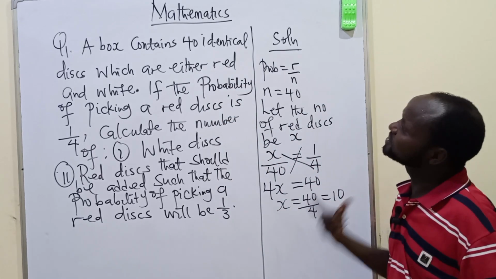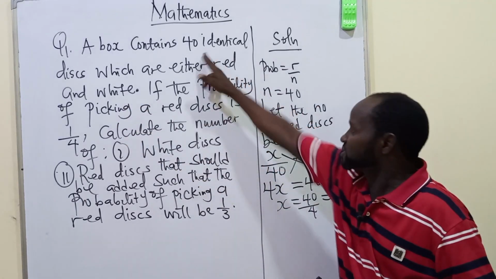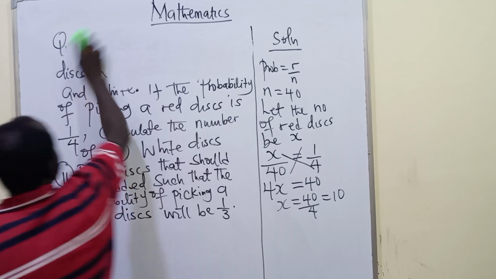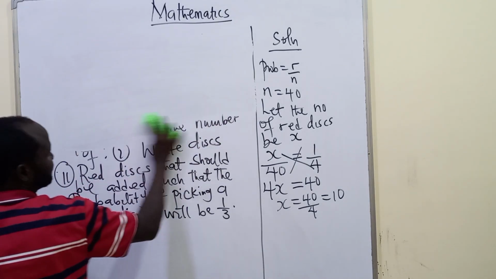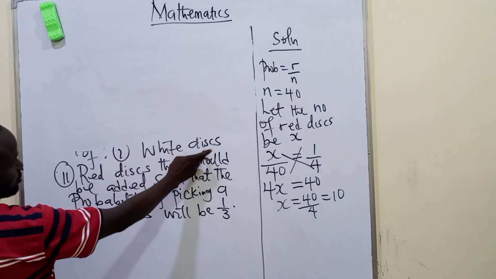So if red discs are 10, what will be the number of white discs? It's nothing but 40 minus 10. Let's get the number of white discs, because the first question said we are asked to calculate the number of white discs.